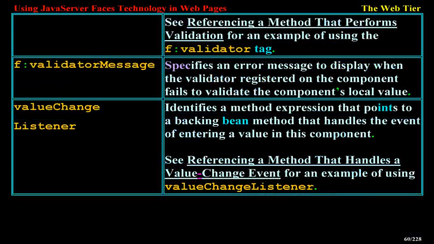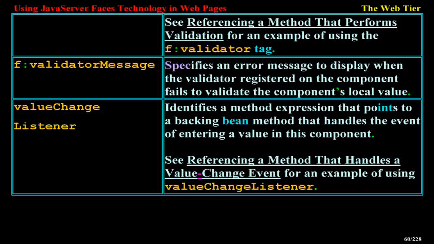See Referencing a Method That Performs Validation for an example of using the f:validator tag. validatorMessage specifies an error message to display when the validator registered on the component fails to validate the component's local value. valueChangeListener identifies a method expression that points to a backing bean method that handles the event of entering a value in this component. See Referencing a Method That Handles a Value-Change Event for an example of using valueChangeListener.